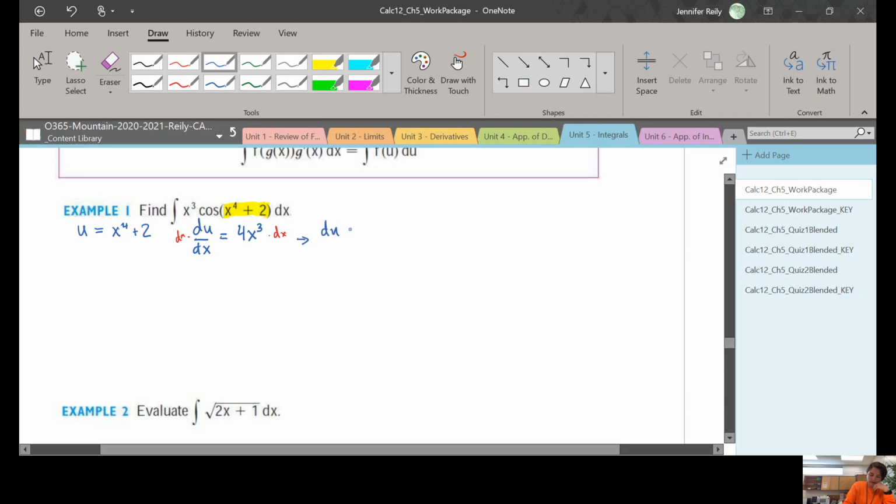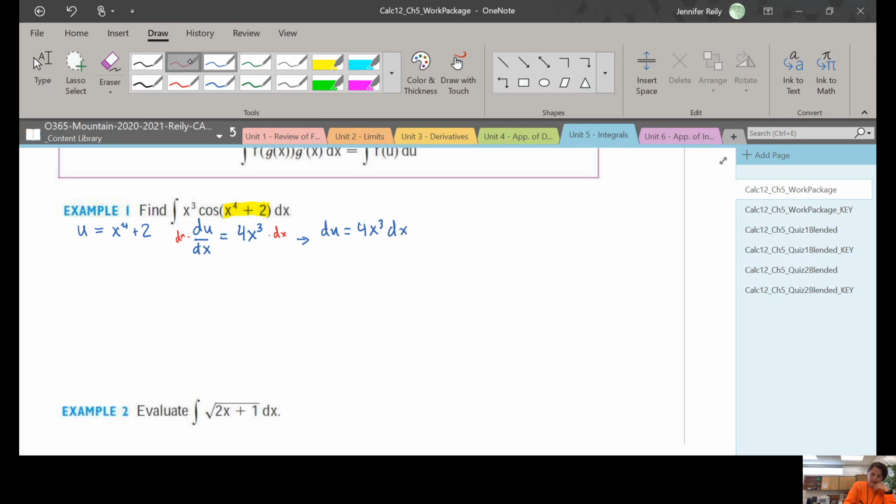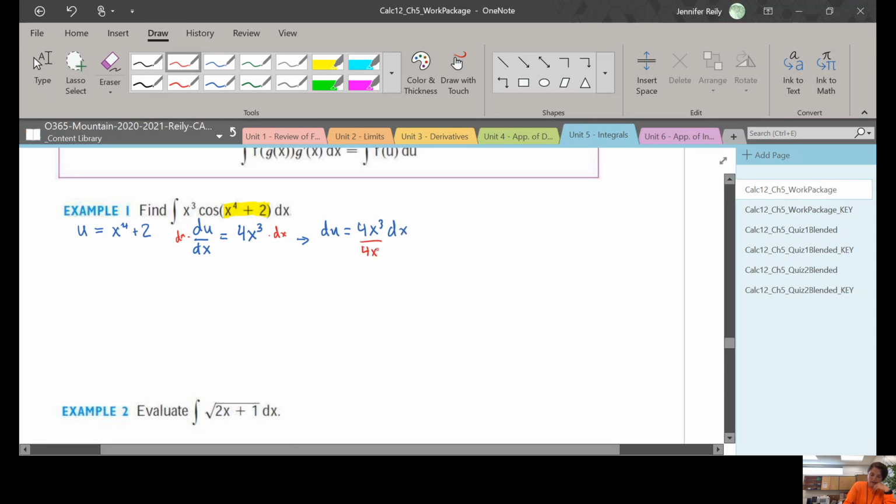So I'd have du equals 4x cubed dx, and then divide by 4x cubed. You'll get so used to this, you can do this in one step later on. dx equals du over 4x cubed.